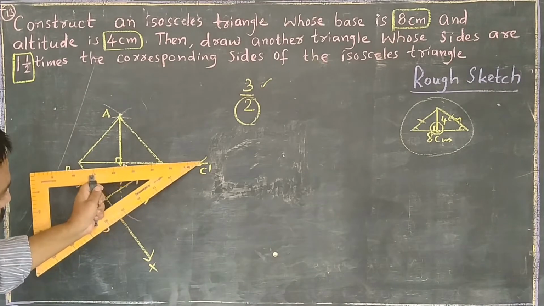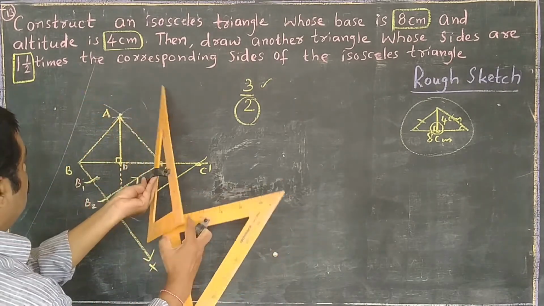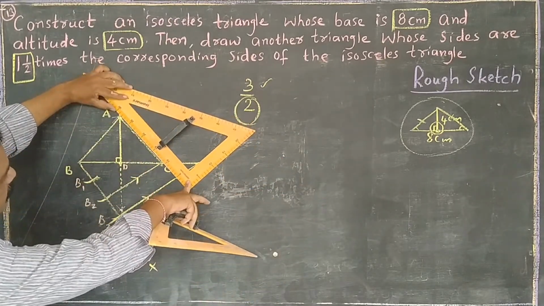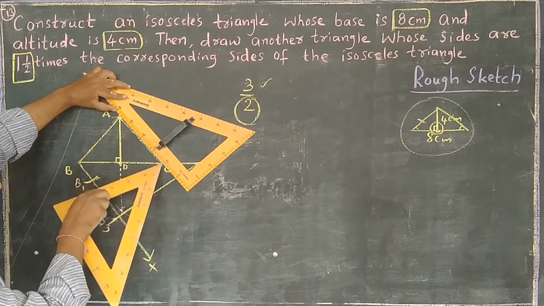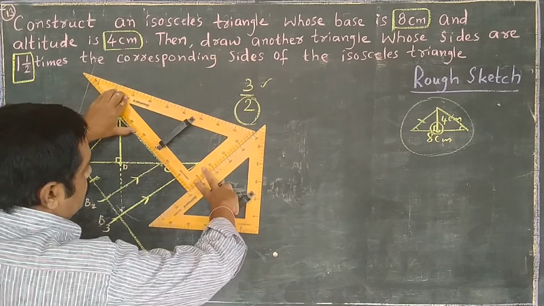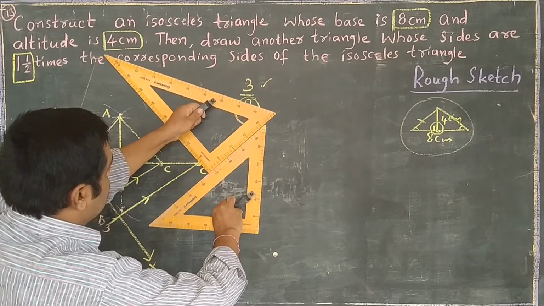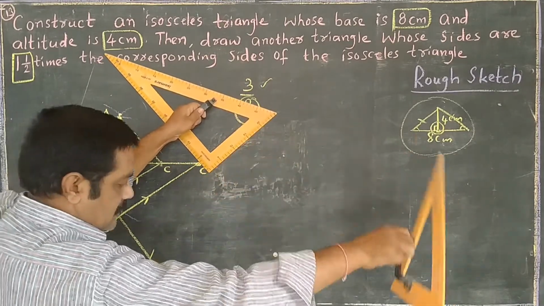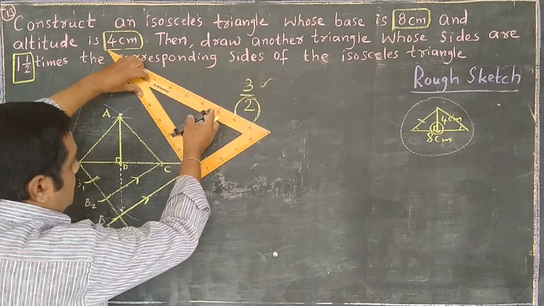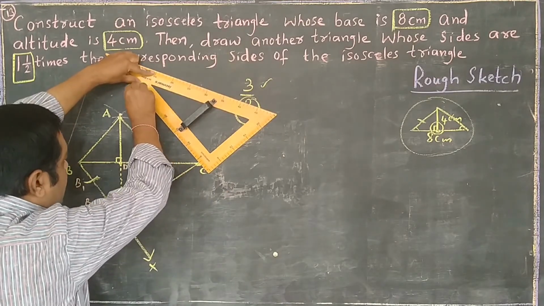Again through C dash, draw a line parallel to CA. How? Take the set square, keep it like this along CA, and slowly move it to C dash and draw the line.